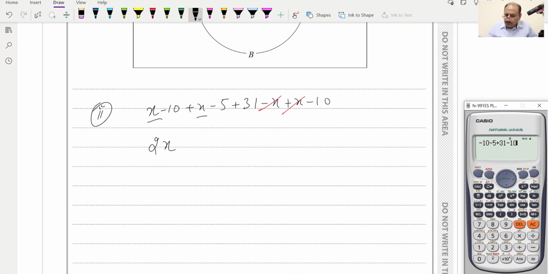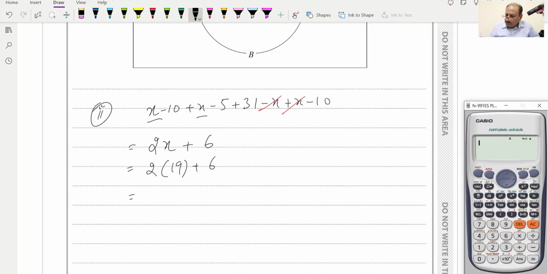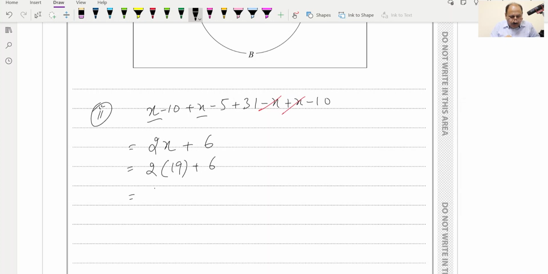This number is 10, so this is equal to 6. So 2x plus 6, and x we already calculated as 19, so this will be 2 into 19 plus 6, which is equal to 44. So this will be the answer for C part 2.